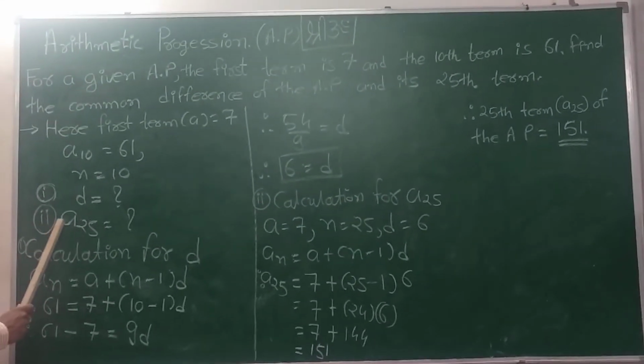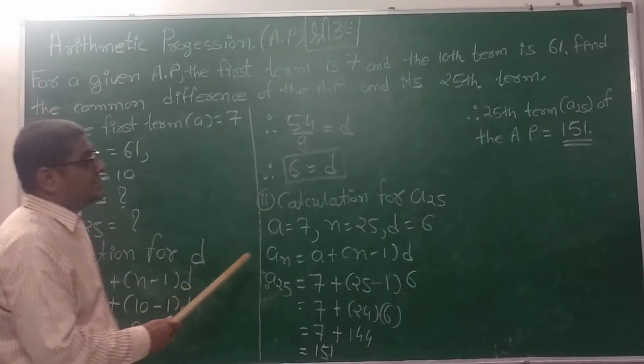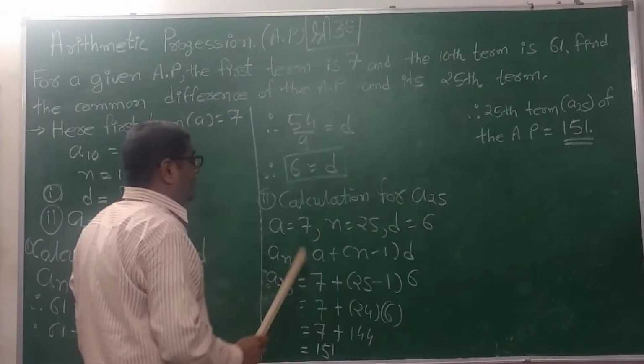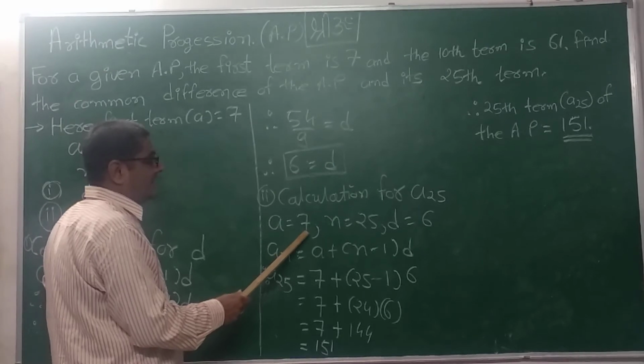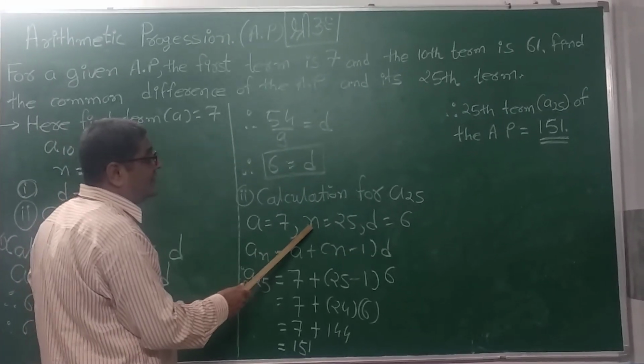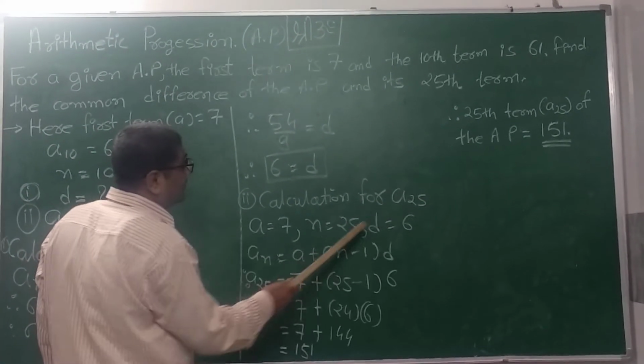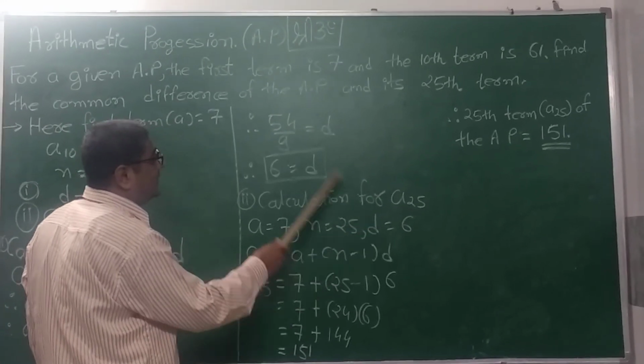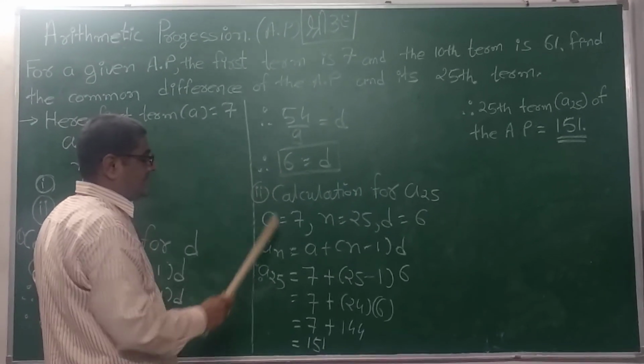Now the second question is A25. So the calculation for A25. So here a remains 7, that is for the same AP. And how do we find n? A25, so n is 25 and d we found previously, that is 6.